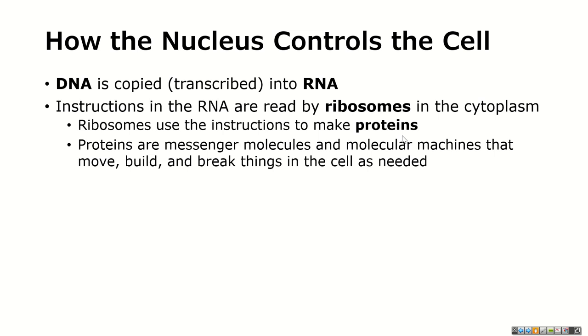And then the protein, those are the molecules that are going to be really important in making stuff in a cell. Some of them are literal machines, little molecular machines that can move or can make a bond, make a larger molecule, or break molecules. So the way that your body breaks down foods is with little protein molecules that break things into smaller pieces.